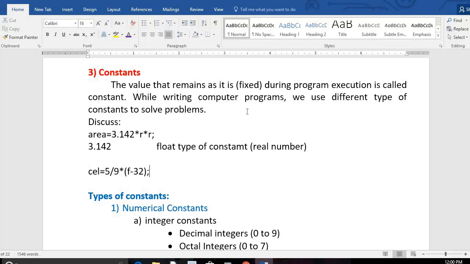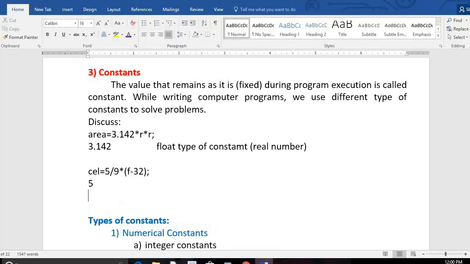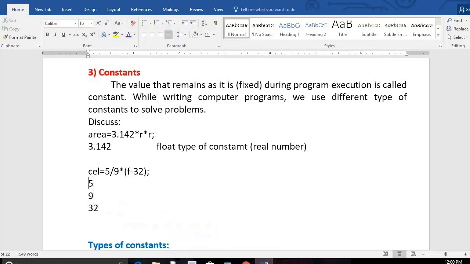In this expression also, how many constants did we use? 5 is a constant, 9 is a constant, 32 is a constant. 5 is an integer type of constant, 9 is an integer type of constant, and 32 is an integer type of constant.